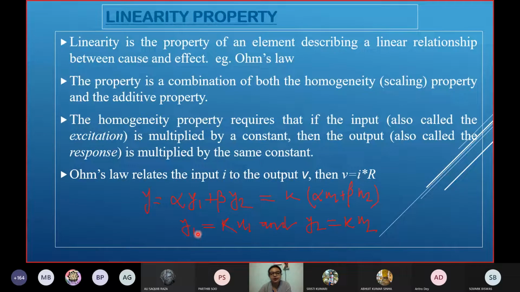Y1 is equal to K into U1, and when U2 is applied to the system, Y2 is equal to K into U2. Now suppose alpha U1 plus beta U2 is the input to the system. Obviously the output will be alpha Y1 plus beta Y2, which can be written as alpha K U1 plus beta K U2. Alpha and beta are any constants. Understood? This is the mathematical representation of the superposition principle.